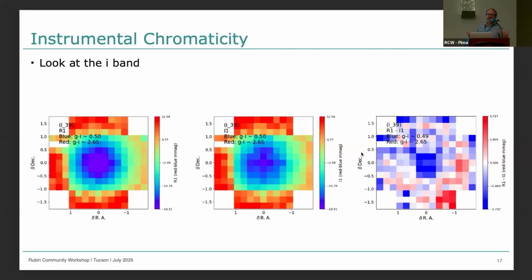Or you could think, what if I want to go backwards to the instrumental response? But you don't know if you messed up the blue edge of the filter, the red edge of the filter, or the detector QE. So those are all completely degenerate when it comes to the stars.